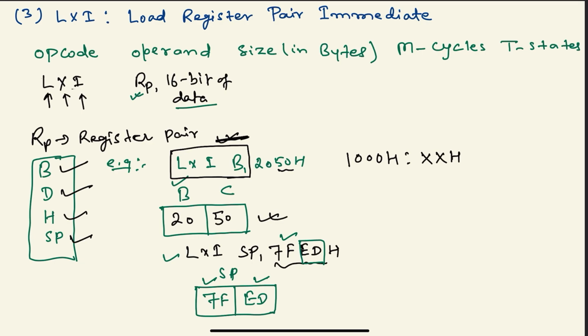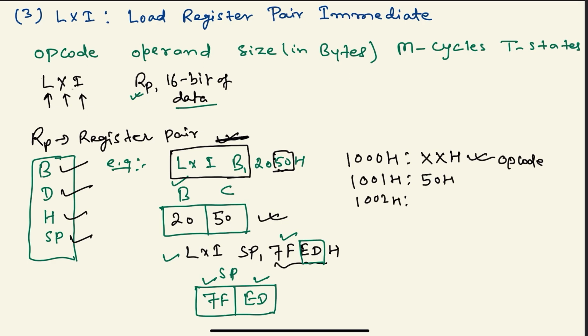So at 1000H we are storing the opcode. This XXH is called the opcode, and the next address is 1001H, immediately after this. This is the lower address, so it will store the lower byte of this 16 bit of data, which is 50H. The next immediate address is 1002H.